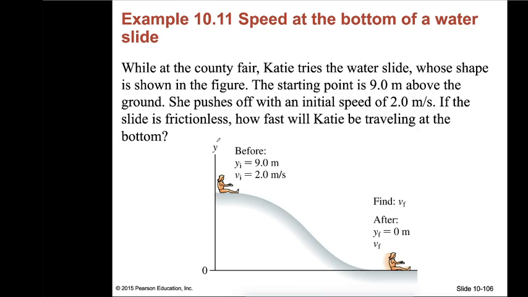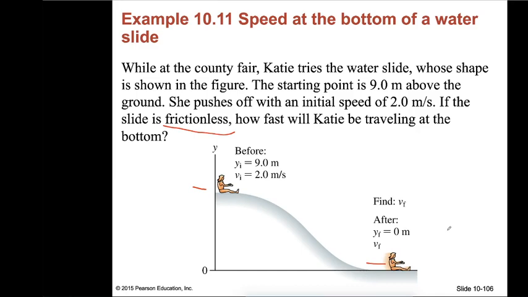Okay, so in this example, the keyword is frictionless. So there's no friction. Then there's no thermal energy generated. So at the bottom, it will be faster because the gravitational potential energy has been converted into kinetic energy.